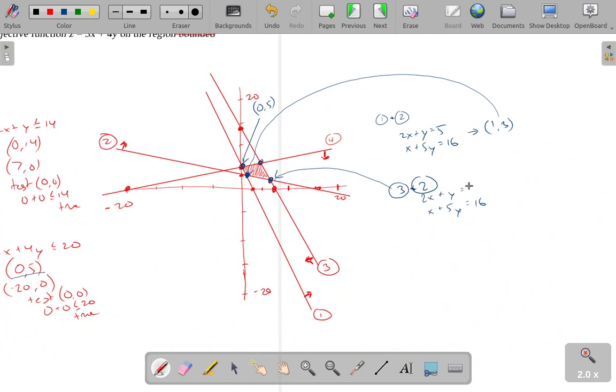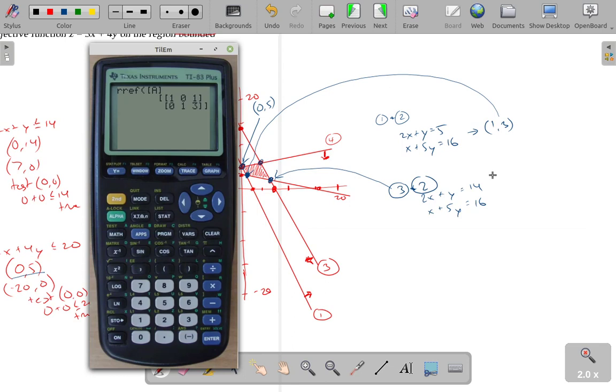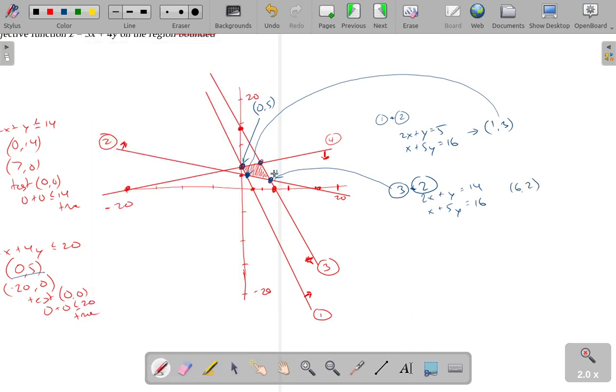So I can go ahead and alter that matrix. I only need to change the first equation. So 2x plus y equals 14. And I can quit out, run RREF again. This is the point 6, 2. That's where that point is.